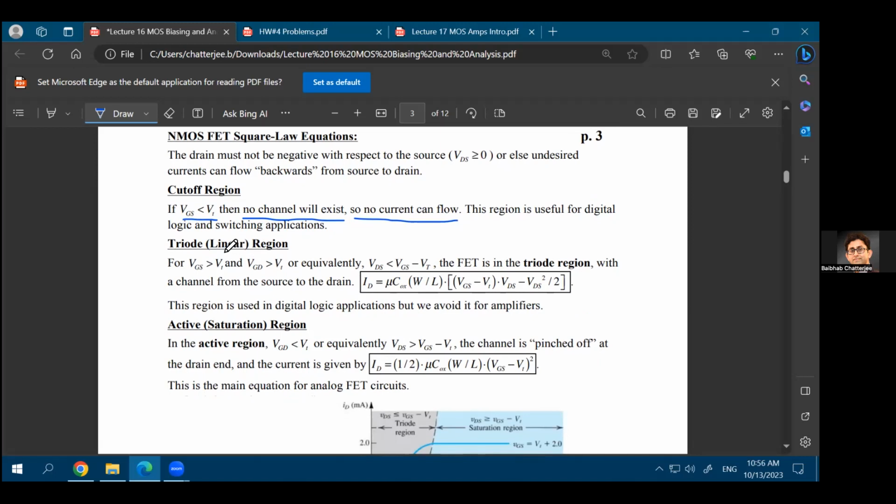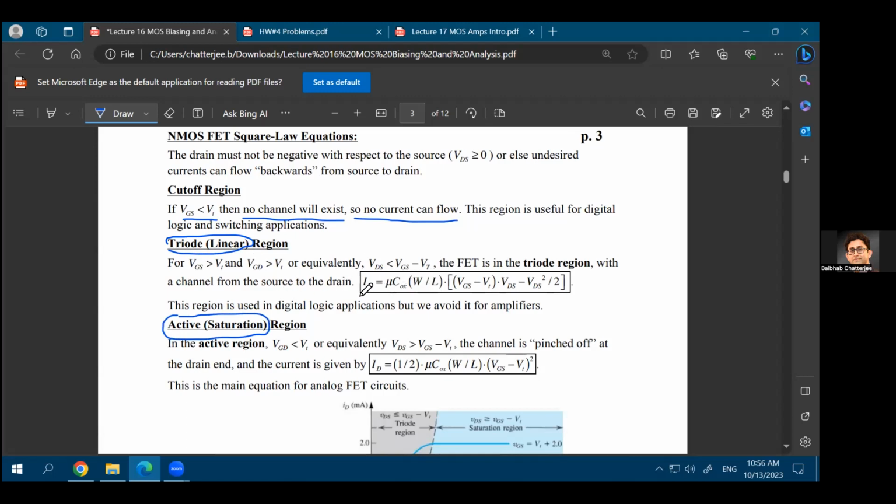What we'll discuss in detail is the region when the transistor is on, when it is not in cutoff, which means that VGS has to be more than the threshold voltage. If VGS is more than the threshold voltage, you'll have two different regions of operation: the triode or linear region, and the active or saturation region. We proved these equations in the last class.